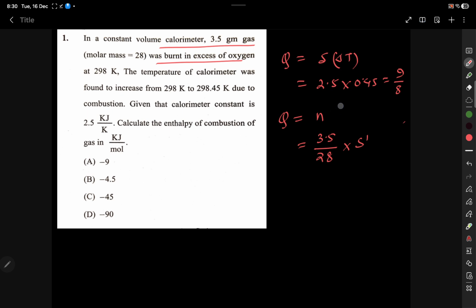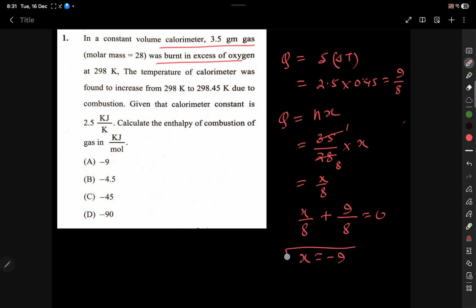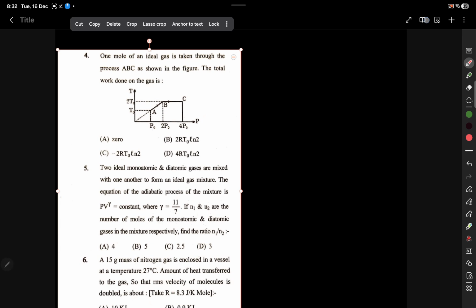So I am assuming the enthalpy per mole is X. So this is the number of moles and this is the enthalpy per mole. Now equate both of them. This is coming 1 by 8. This x by 8 plus 9 by 8 should be equal to 0. So x is equal to minus 9.